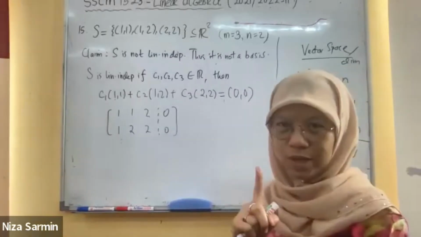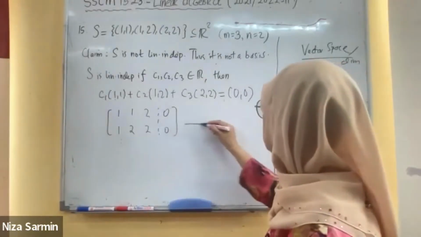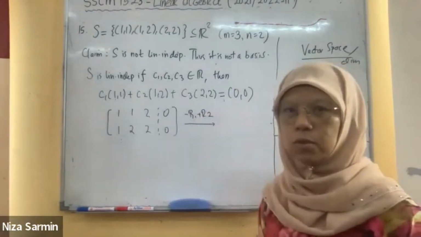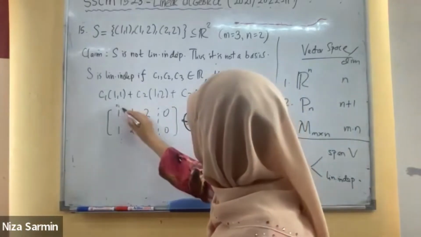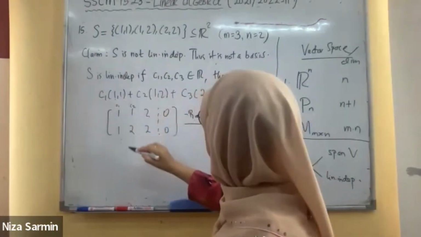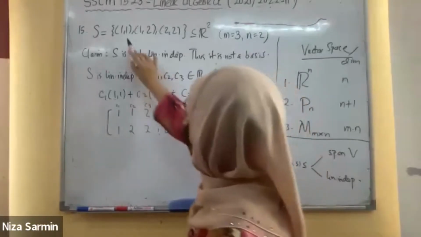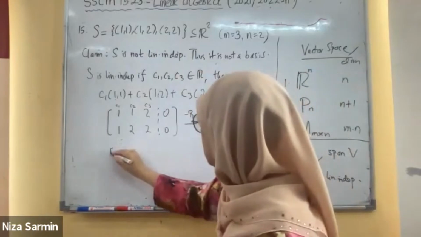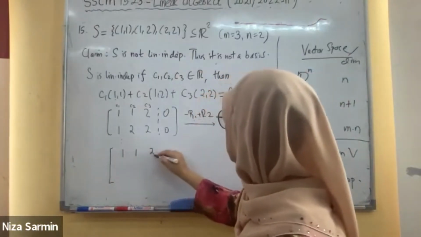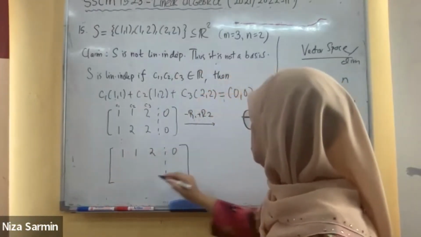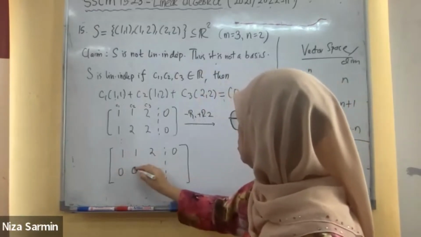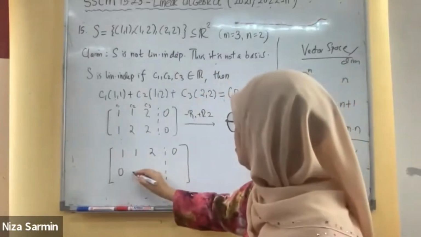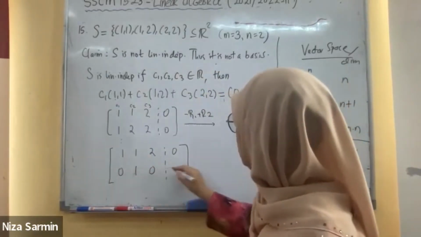Just one row operation. Remember, there is a C1 here, C2 here, C3 here, because there are 3 of them. So you will get (1, 1, 2, 0) and (0, 1, 0, 0).